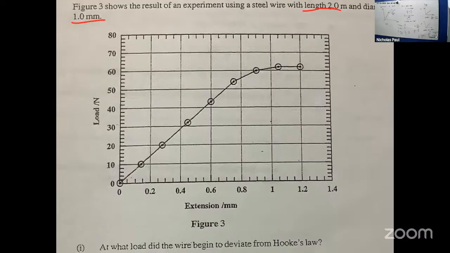The value that we found here is the extension. The question asks us for stress, and as Nathan said, stress is force over area. So use this value here and find the area. What's the area again? Pi r squared.